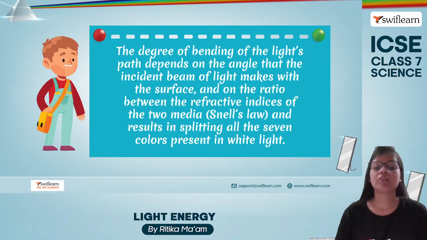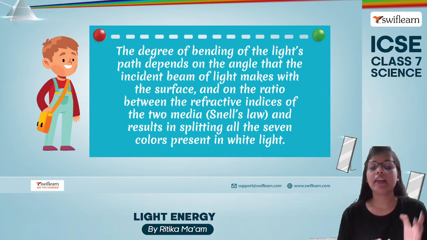Now, the degree of bending of light's path depends on the angle that the incident beam of light makes with the surface and on the ratio between the refractive indices of the two media. That process is known as Snell's law, and it results in splitting all 7 colors present in white light.